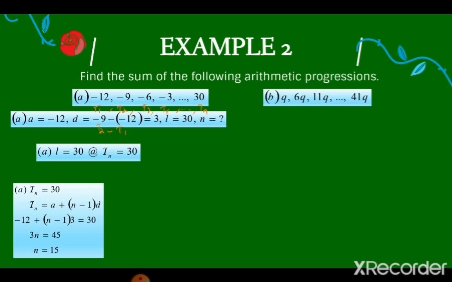Since this is Tn, we can say this would be equal, so by substituting the values for a and d and making it equal to 30, we have n is equal to 15. So that means 30 is the 15th term.